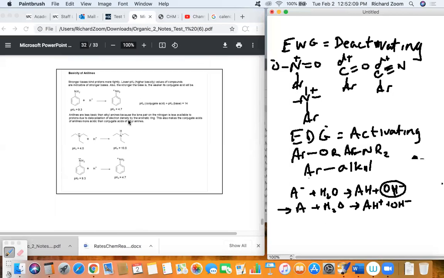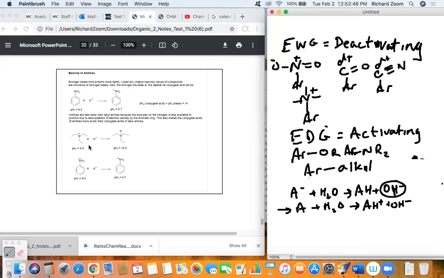Now looking at the basicity, just with something regular here, if you're looking at aniline, it has a pKb of 9.3, and if you've got just a regular nitrogen here with alkyl groups attached to it, it's going to be 4.0. So there's a big difference in basicity here. The same rule applies to basicity as applied to acidity, and that is the lower the pKb, the more basic it is.